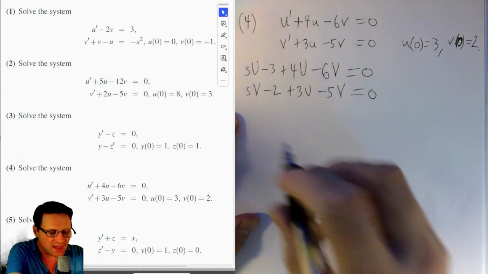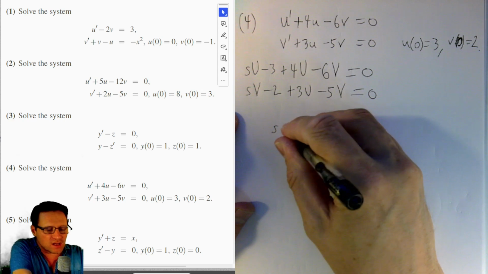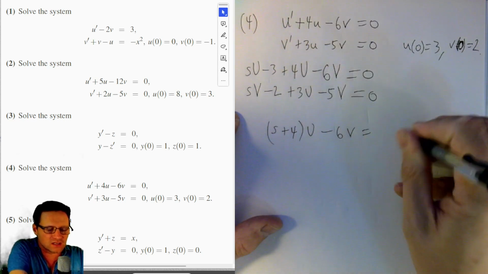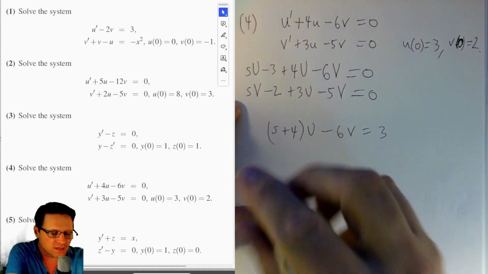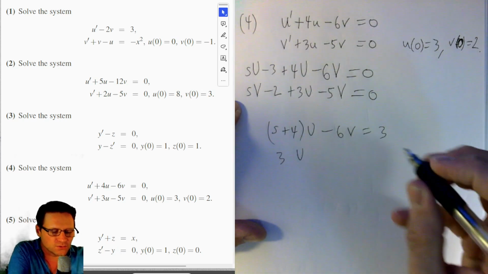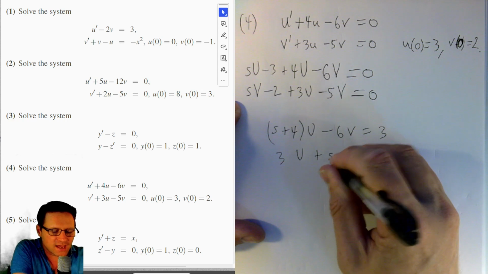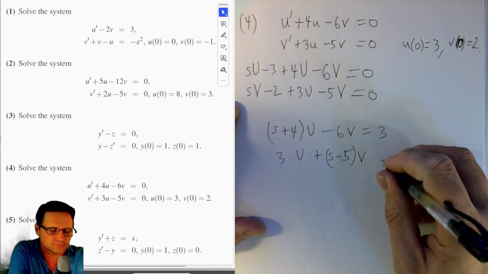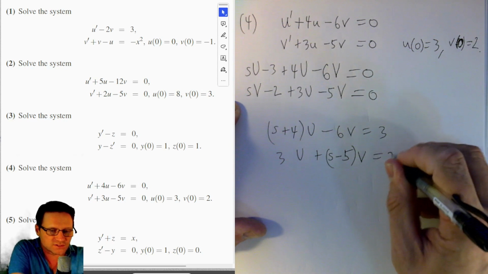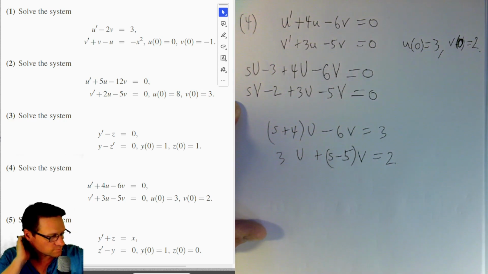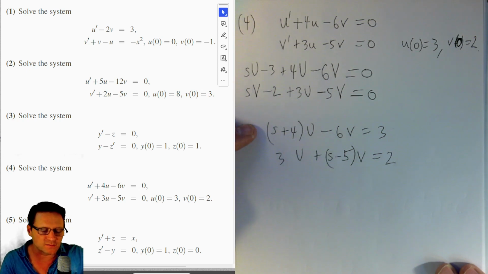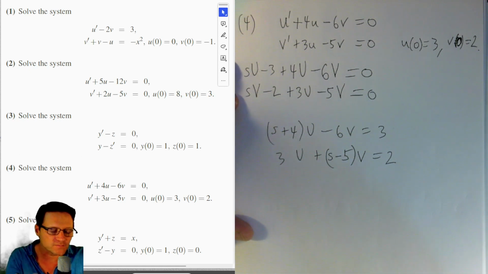So let's do that. We have (s plus 4) times U minus 6V equals 3. And then we have 3U plus (s minus 5)V equals 2. Okay, now let's just multiply the first equation by 3 and the second equation by (s plus 4).